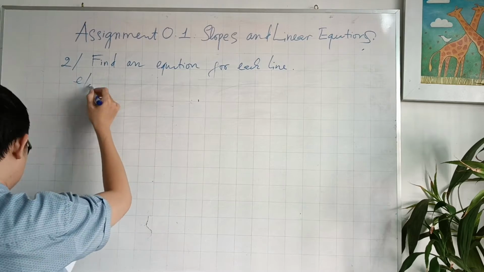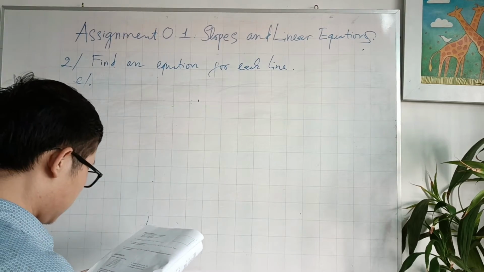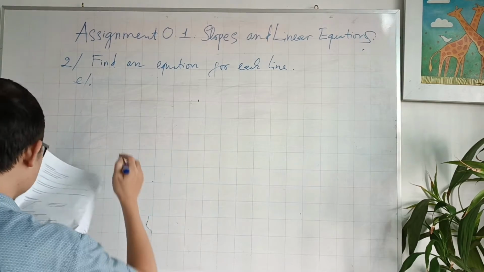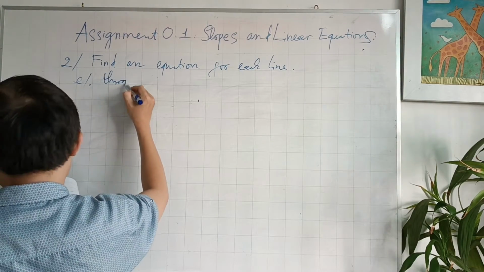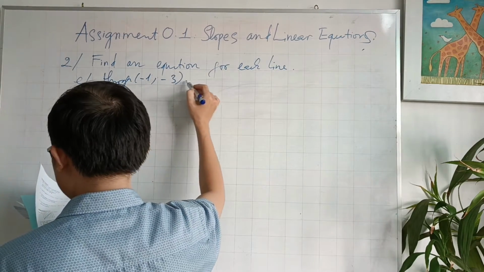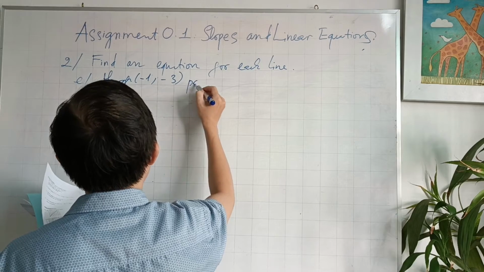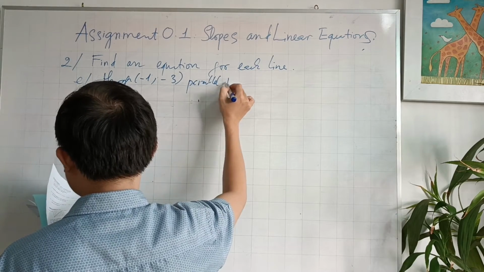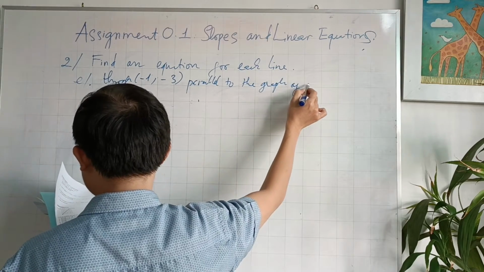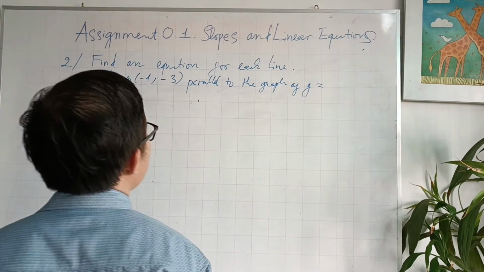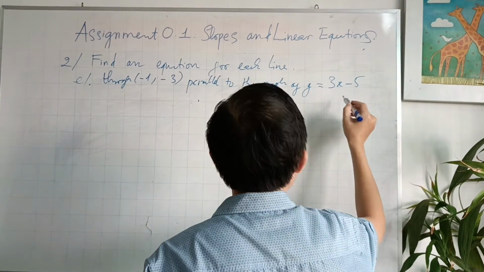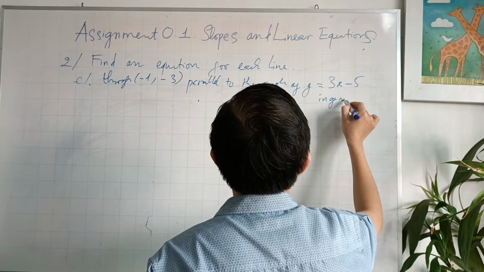Question E. Through the point -1, -3, and parallel to the graph of y equals 3x minus 5, in general form.